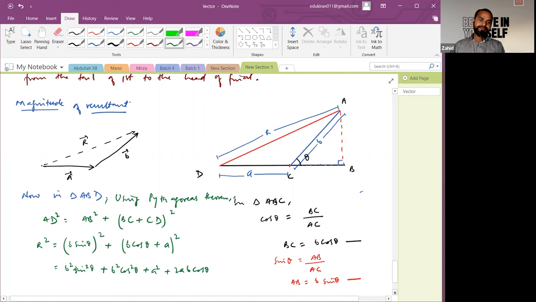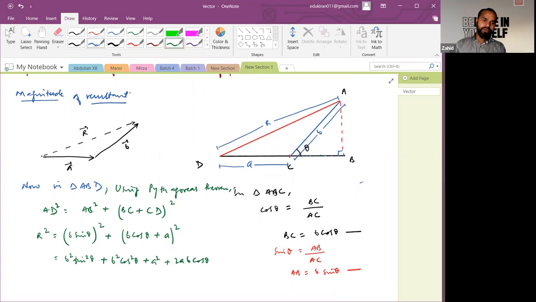Now in this part, if you take out common from both these terms as B square, so you will get sine squared plus cos square theta, plus A squared plus 2AB times cos theta.